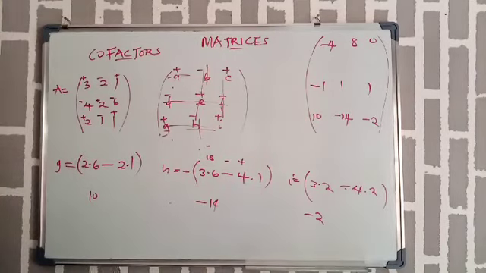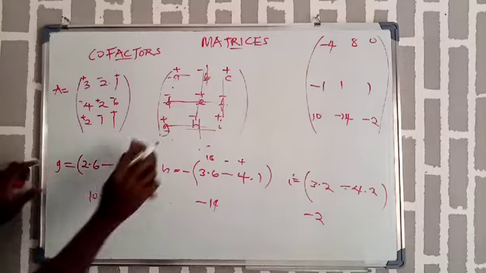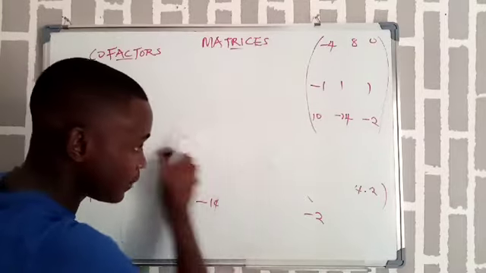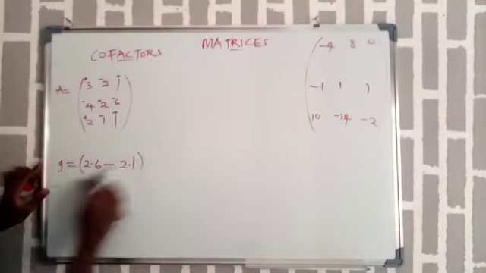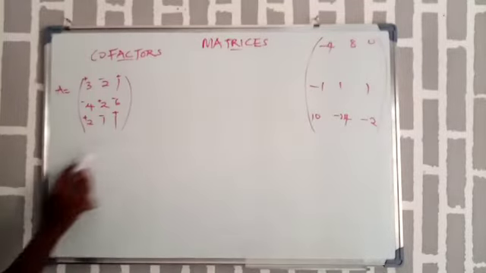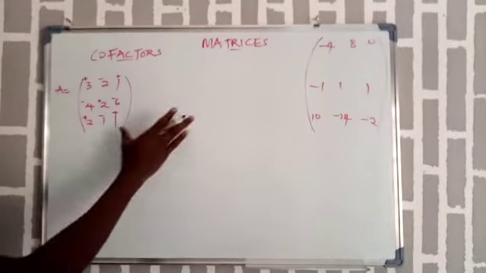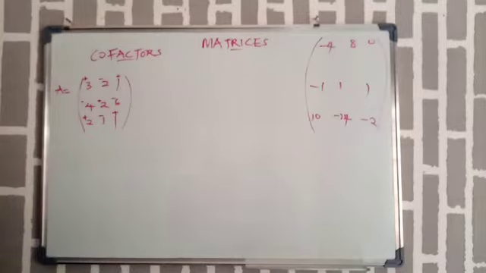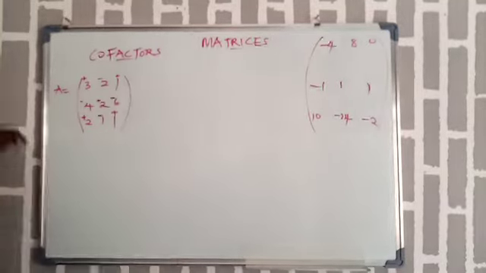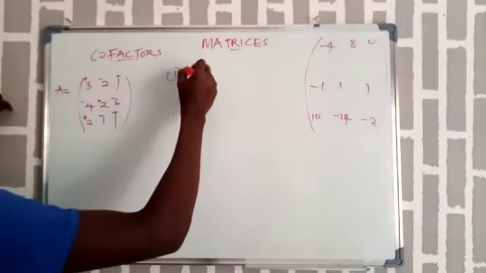That's everything for cofactors. Now I'm going to go into adjoint. Now, in adjoint, I'm going to write out the steps because it's just a step from here. When you are asked to find an adjoint, you are given a matrix. The first thing you are going to do, you are going to calculate the cofactors.